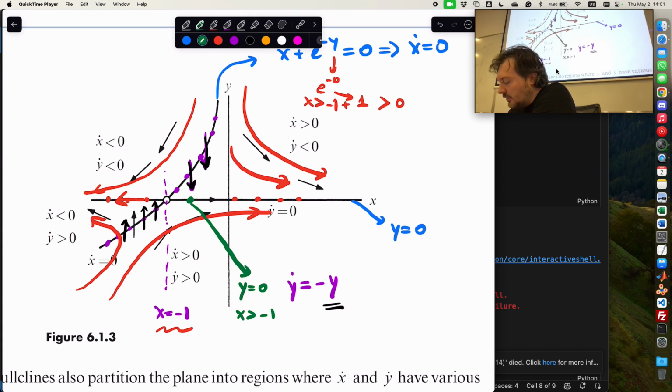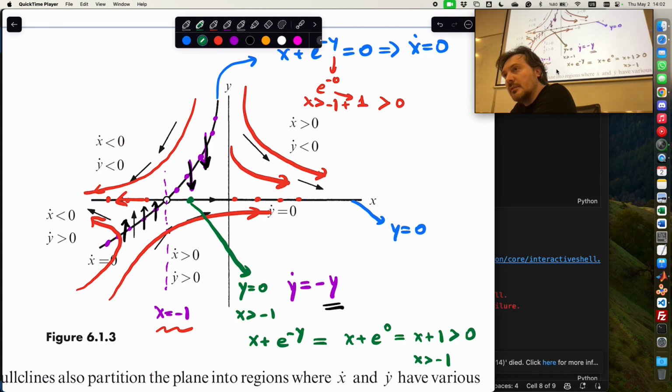Right? So x plus e to the minus y is equal to x plus e to the 0, which is equal to x plus 1, which is greater than 0 because x is greater than minus 1. So what was this? This was x dot. x dot is greater than 0.